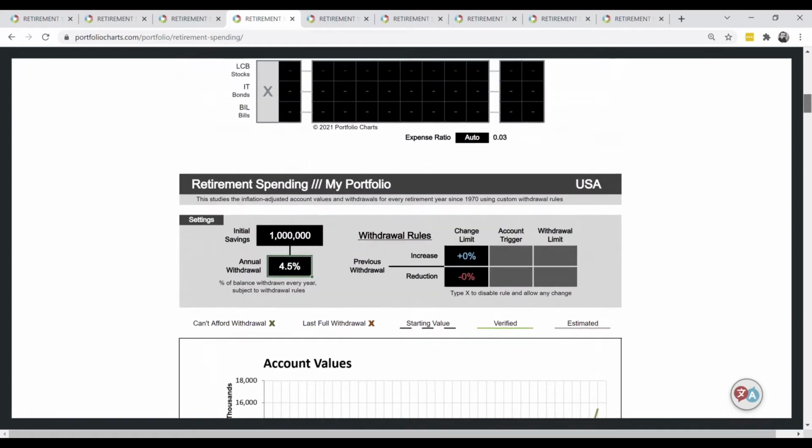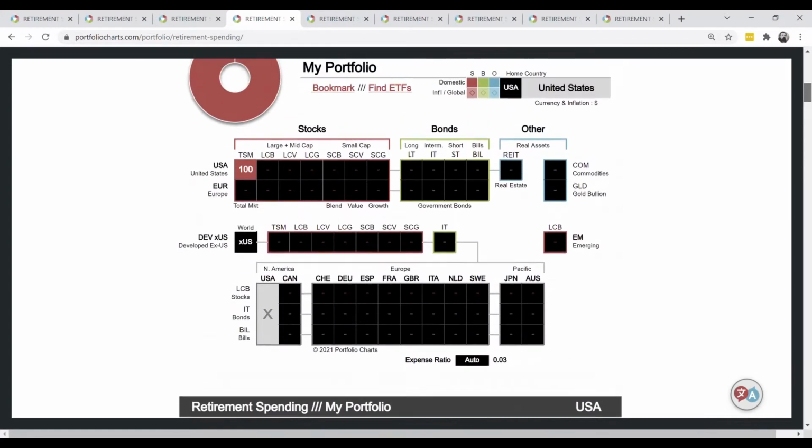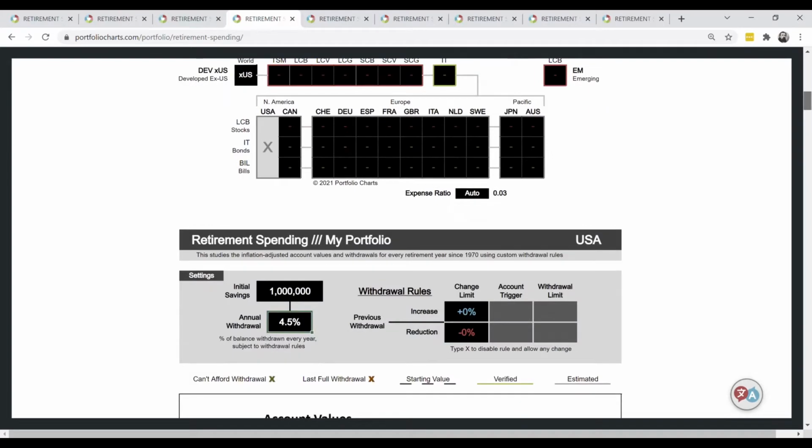So you can see that just by changing your portfolio, you're going to get much better possible safe withdrawal rates. And our risk parity style portfolios are designed to make this as big a number as possible, regardless of what you put into these boxes over here.